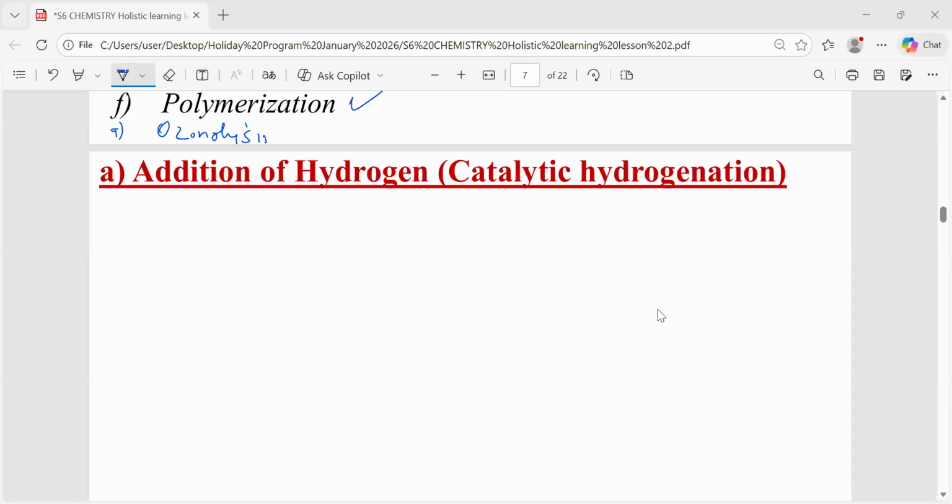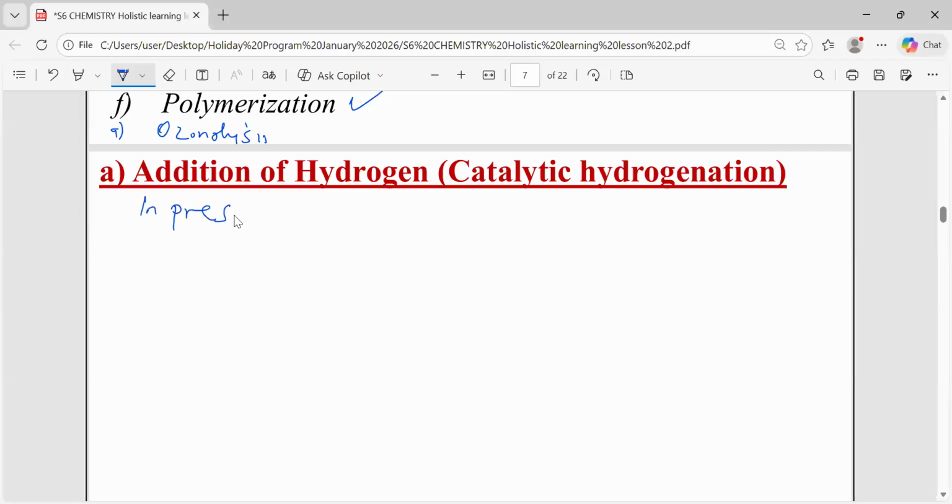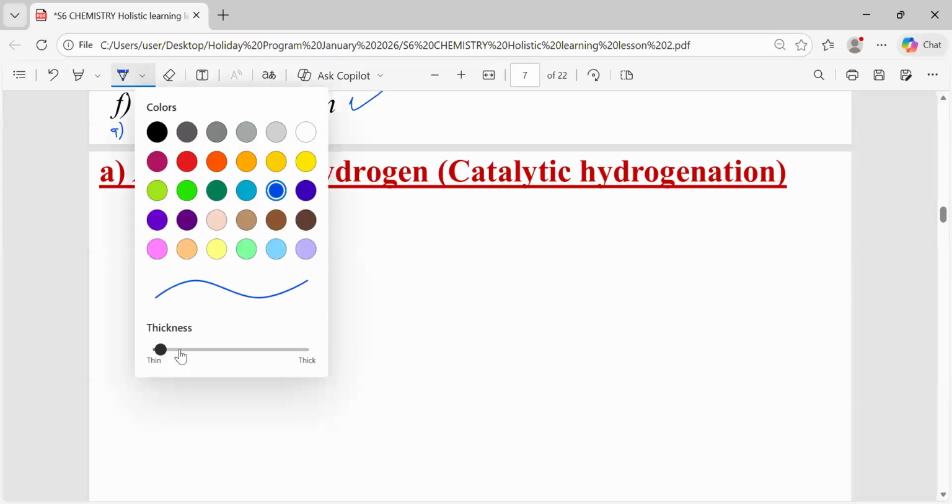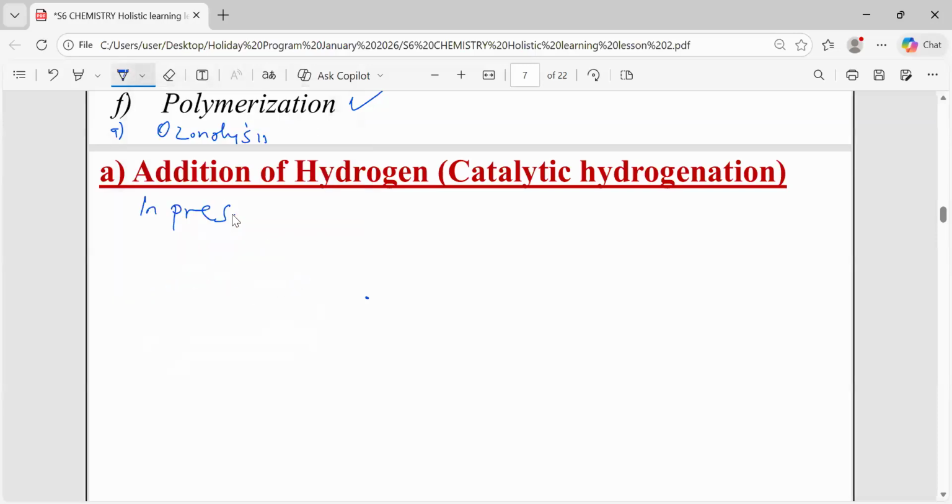Yes, hydrogenation of alkenes. If we have alkenes, we end up getting what we call alkanes, and this is done in the presence of catalyst at a temperature of 140 to 150 degrees Celsius, or it is done using palladium or platinum at room temperature.